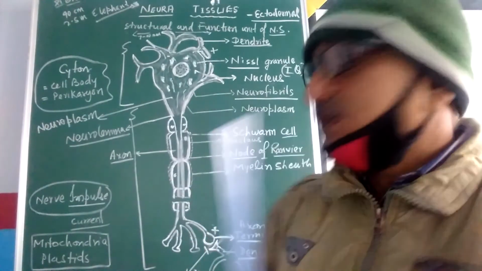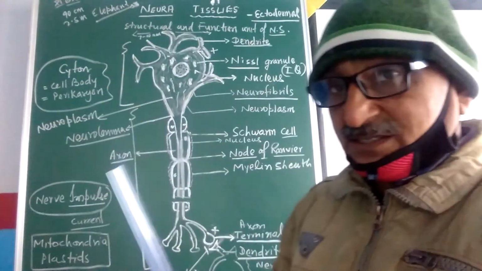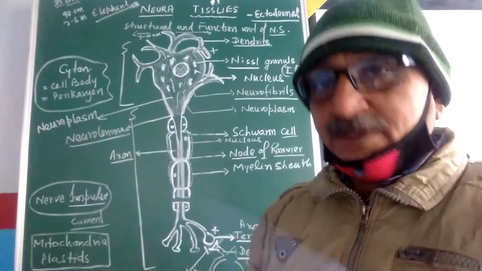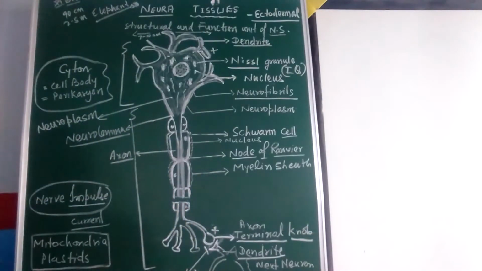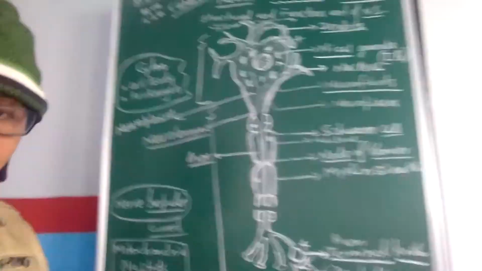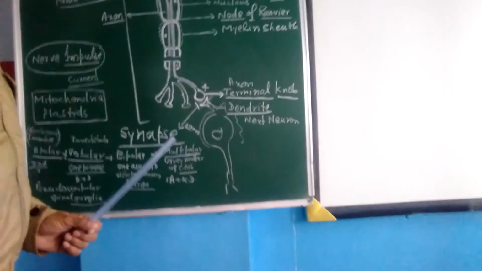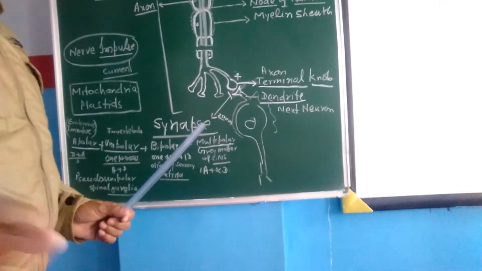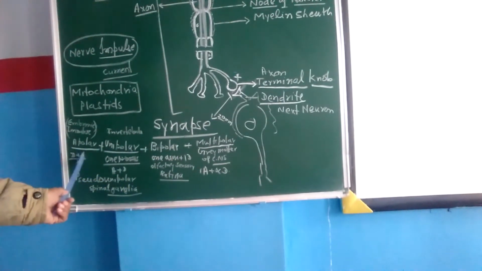On the basis of their processes, the projections developing from the outside, there are 5 different types: apolar, unipolar, bipolar and multipolar neurons. So try to understand what these are.